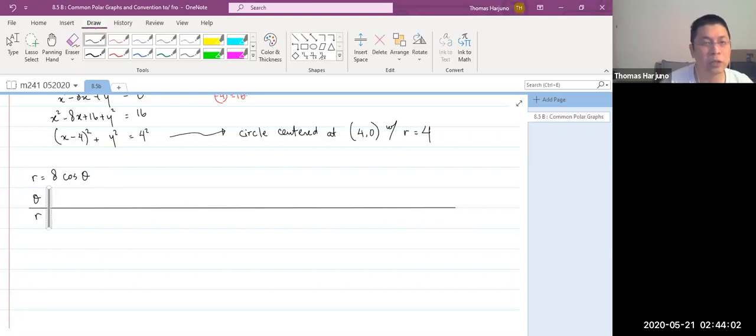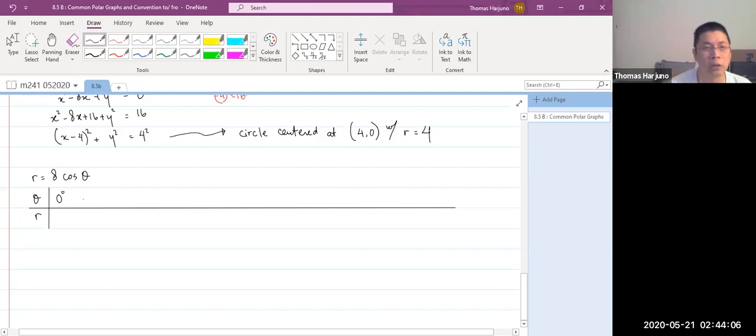When theta equals 0 degrees, what is the r? 30 degrees, what is the r? 45 degrees? 60 degrees, 90 degrees, 120 degrees, 135 degrees, 150 degrees, and then 180 degrees. Maybe we do one more, 210 degrees.